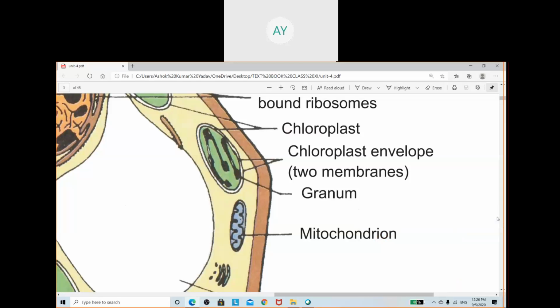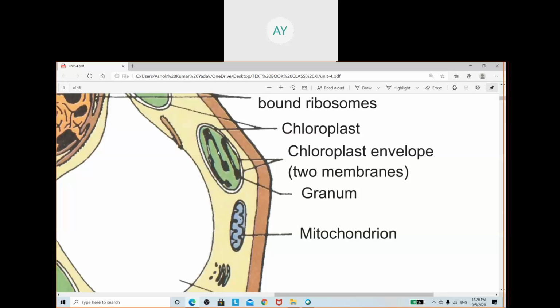So we will find the lot of H plus ion that is going to accumulate inside this interlamellar space, or this space between outer membrane and inner membrane of mitochondria. Here it is not present. In case of chloroplast, it is present in the interlamellar space.